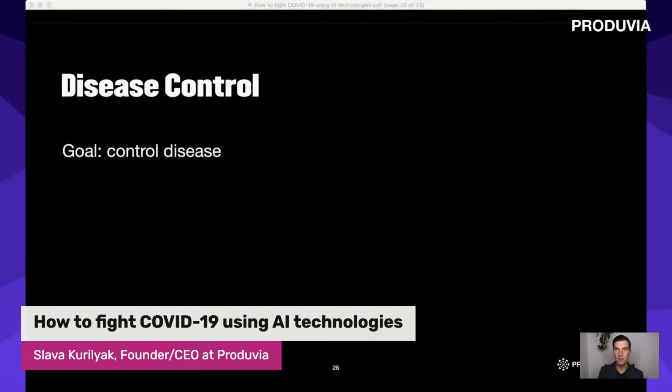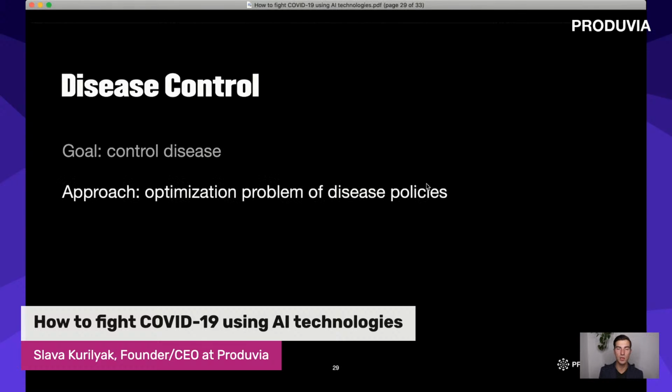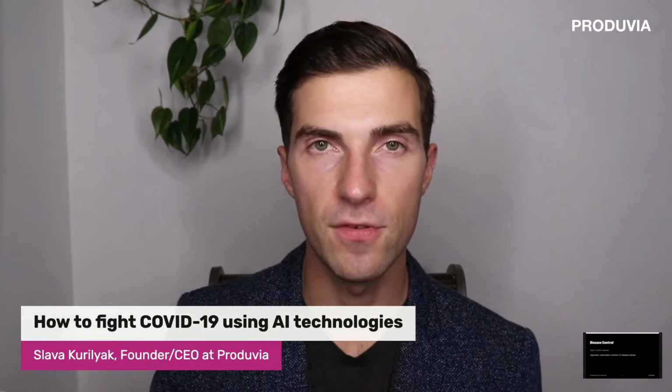And this is the final use case that I wanted to mention to you, and I think you'll find it's quite useful. And the goal here is to be able to change different disease policies in response to COVID-19 and see how those policies are affecting the virus itself, right?